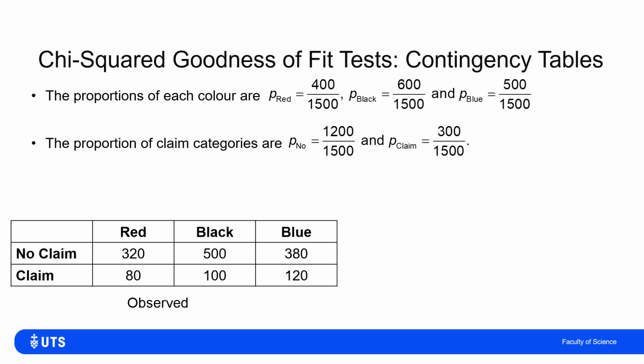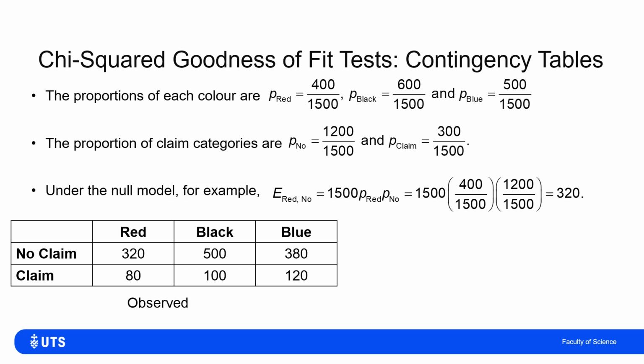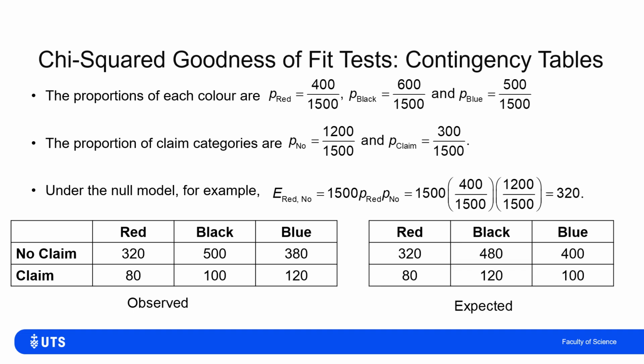So if these rows and columns were independent of each other, then the expected number of red cars making a claim would be 400 out of 1500 times 300 out of 1500 multiplied by 1500. So if I work all of those expectations out under the null model, I would expect those counts. And again, if you want to pause the video at this time, please do, just to double check any of those.